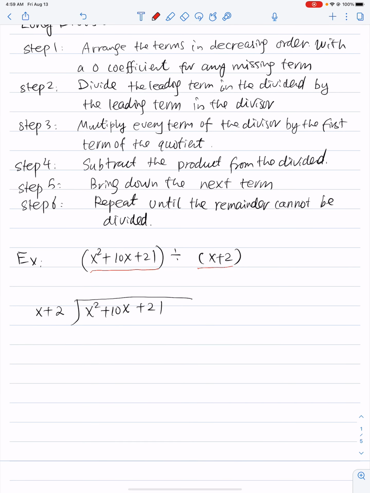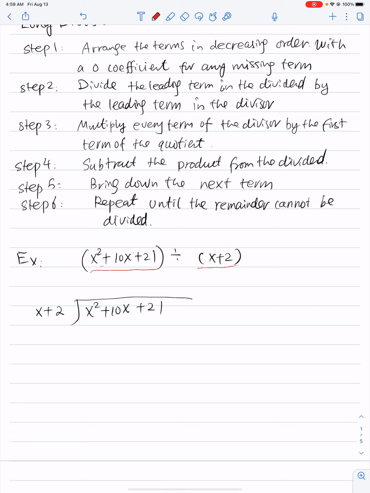Yeah, so like this, divide each other. So what are the steps? The first step is to arrange the terms in decreasing order with a zero coefficient for any missing term. This means we have to rearrange these terms so that the exponent is in descending order.